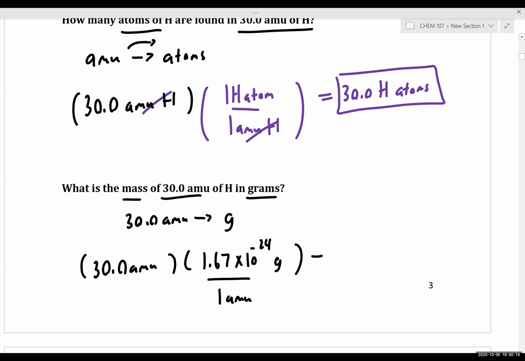So punching this into our calculator, we have 1.67 EE negative 24 times 30, and that in turn gives us a final value of 5.01 times 10 to the negative 23rd grams. Does this example make sense to everyone?